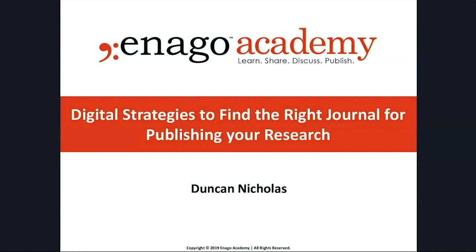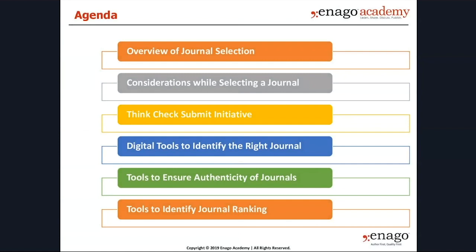So I'm going to speak to you today about digital strategies to find an appropriate journal to publish your research. And we've got several sections to go through today. I'm going to give you an overview of journal selection, and then we'll get into some key ideas of how to identify suitable journals and tools and techniques that you can use to fine-tune your selections.